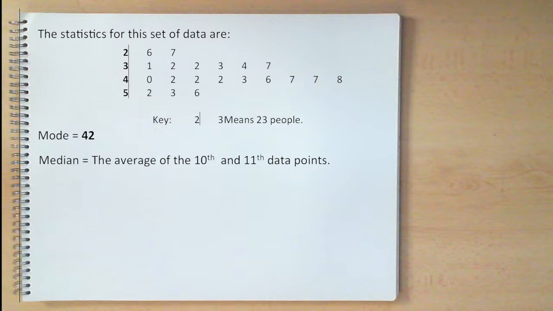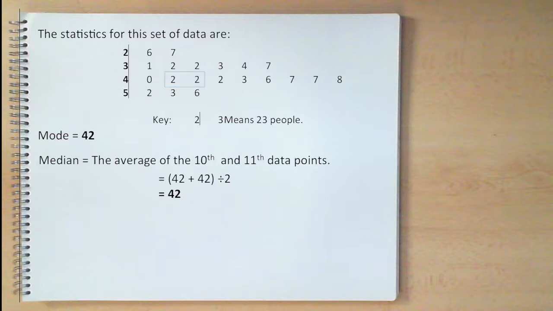Because there are 20 data points here, the median is the average of the 10th and the 11th data points. If we count along all of our data points, we can see that the median is the average of 42 and 42, which is simply 42.